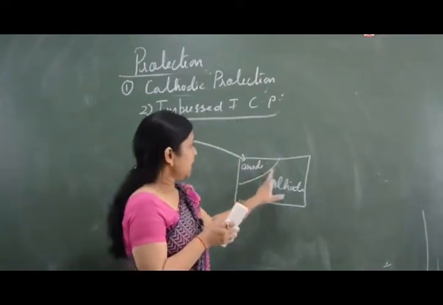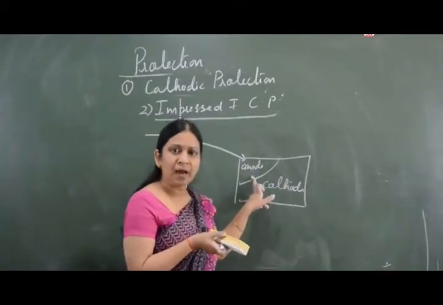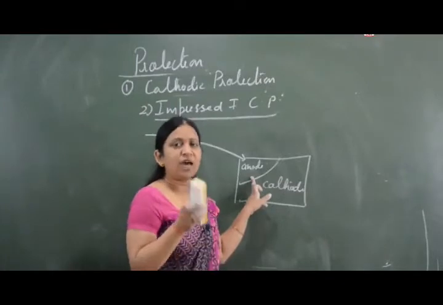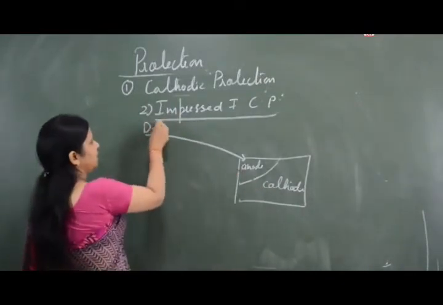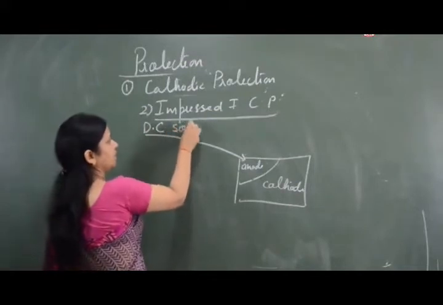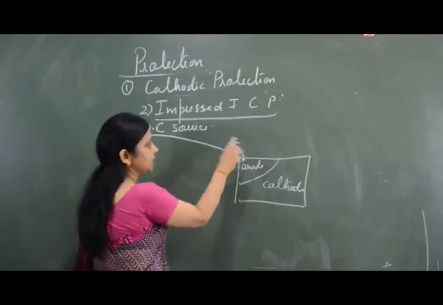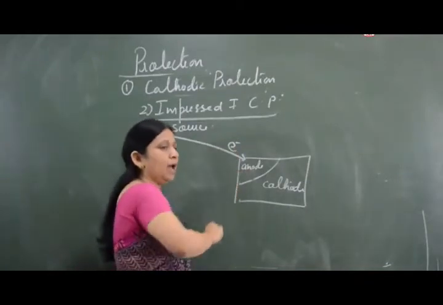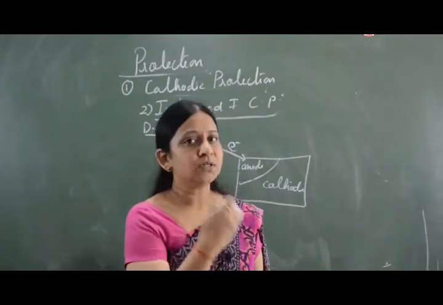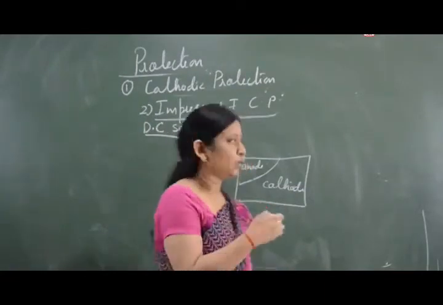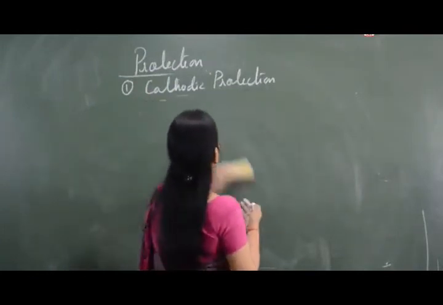Now, to this area, by some means, if we start flowing electrons, this anode will behave as cathode. So what we do is, this anode is connected to a DC source, and once it is connected, the electrons start flowing to this anode, and this anode starts behaving as a cathode. So this is impressed current cathodic protection.